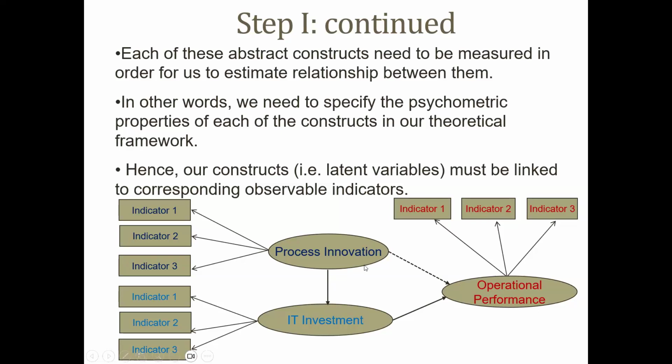But if you go and ask a question that suggests, does process innovation lead to operational performance in your organization? You have failed. Your instrument is injecting a relationship other than allowing the variables themselves to establish that they are related.